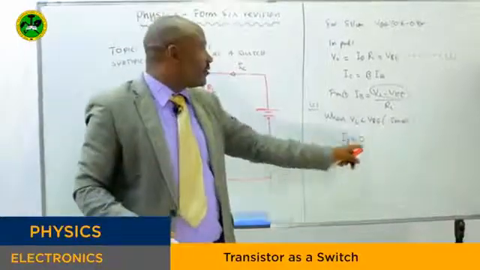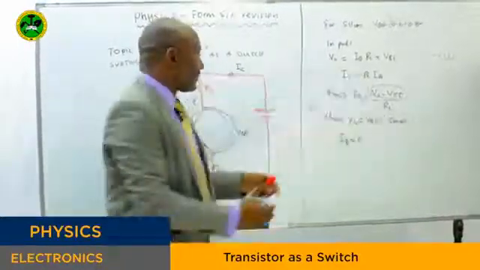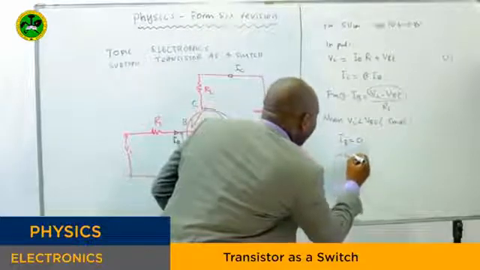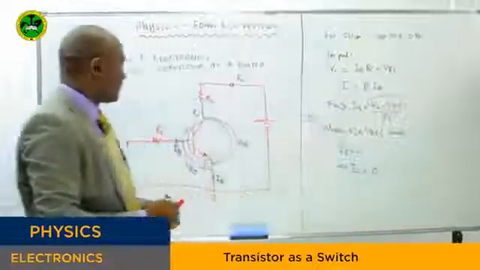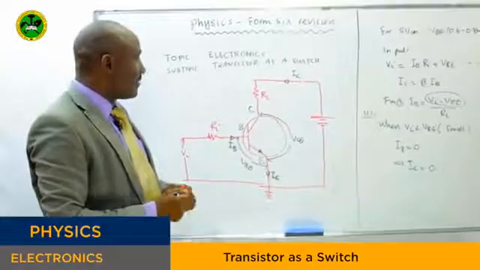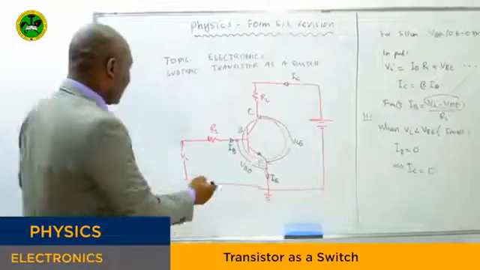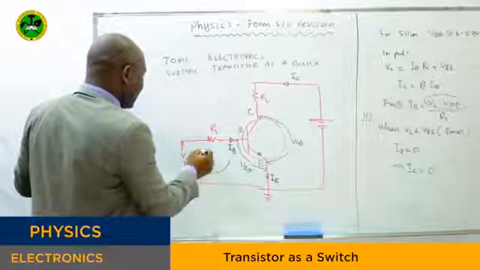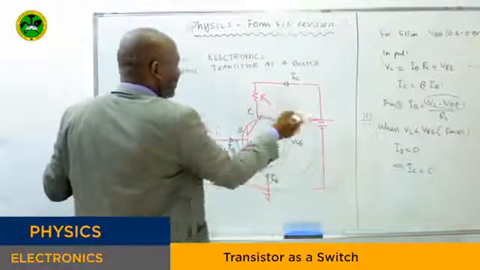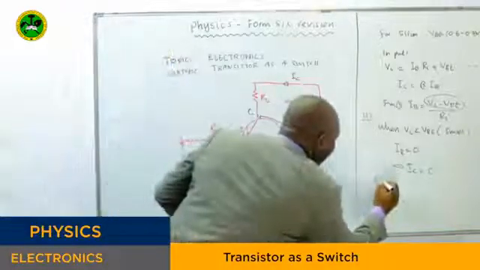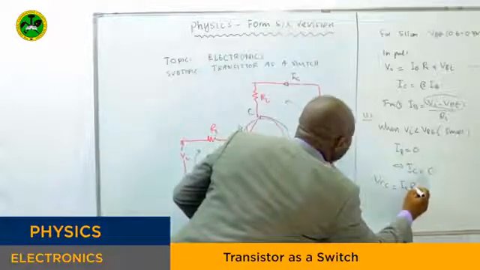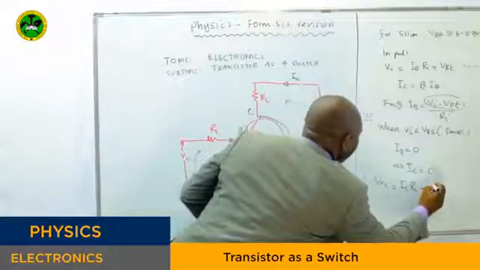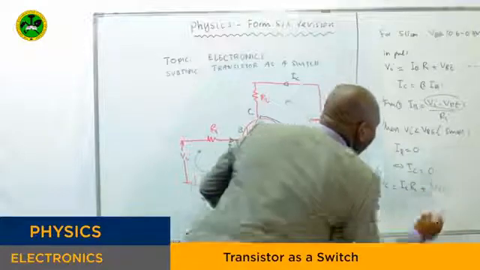If this is 0, we know automatically from this formula that the collector current is also 0. If you consider the output circuit, we have VCC = IC RL + VCE.